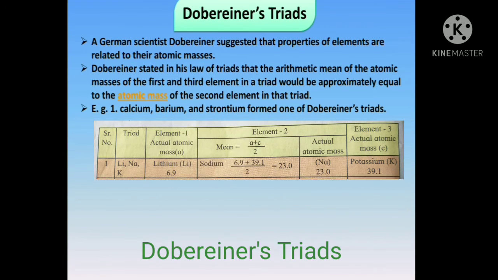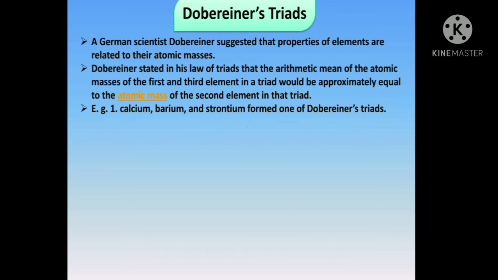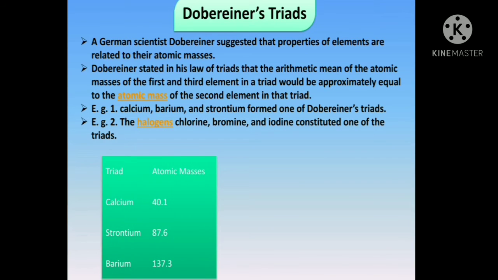Let us learn these triads with some examples. Here, the first example. Calcium, strontium and barium form one of Dobereiner's triads. Atomic mass of calcium is 40.1, atomic mass of barium is 137.3.